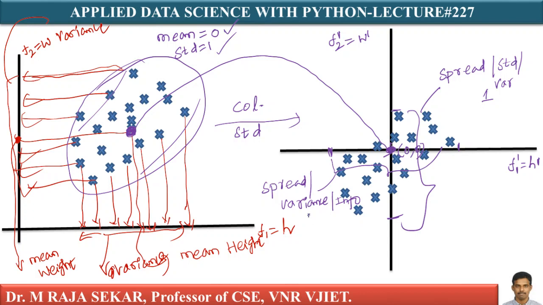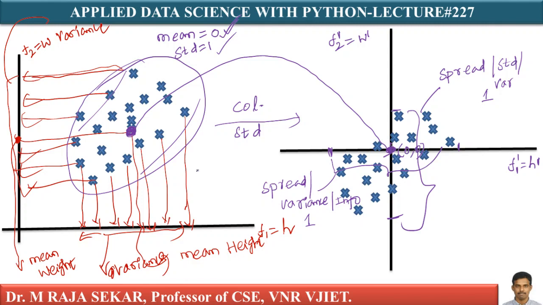This must be 1 on the weight axis as well as on the y-axis, the height axis. Now literally what I am doing: moving the mean to 0, that's the first point. I am compressing, squishing these points so that the standard deviation is equal to 1. Sometimes the data need not be squished or compressed.